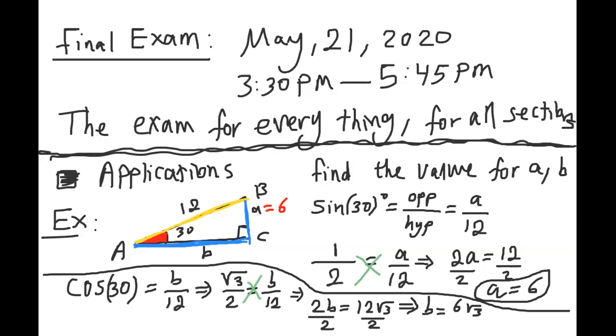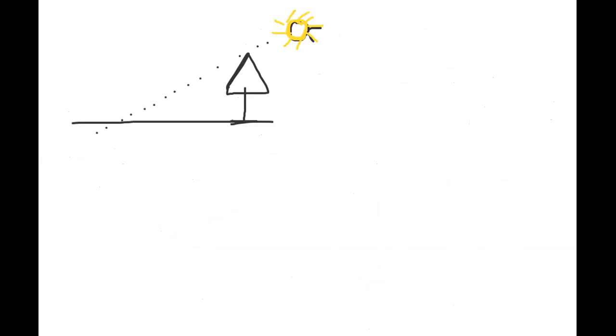The second example is that, suppose I have a tree, looks like that, and we have a sun here. And this sun makes a shadow for the tree like that. And this is the ground. And it makes here an angle, the angle is 45.